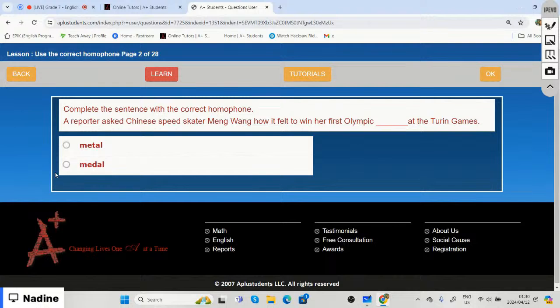All right. So it says a reporter asked Chinese speed skater Ming Wang how it felt to win her first Olympic medal at the Turin Games. Is it metal or is it medal?